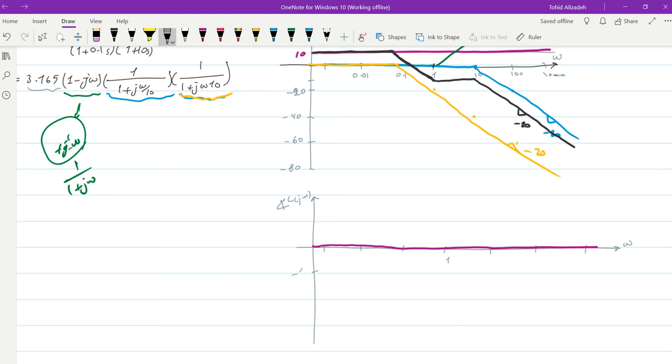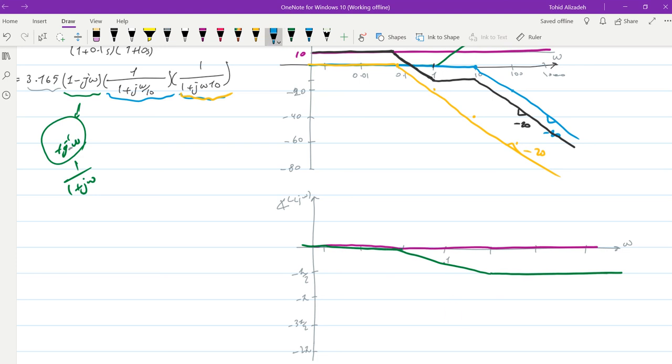So let's say here we have minus pi over 2, minus pi, minus 3 pi over 2, and minus 2 pi. At omega equal to 1, we will have minus pi over 4. One decade afterwards, we'll have minus pi over 2. One decade before 1, we'll have 0, and this will be the approximate phase plot for that.